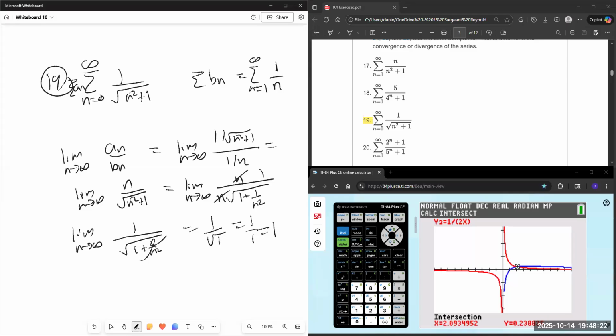And since this is positive, An's series and Bn's series both converge or both diverge.